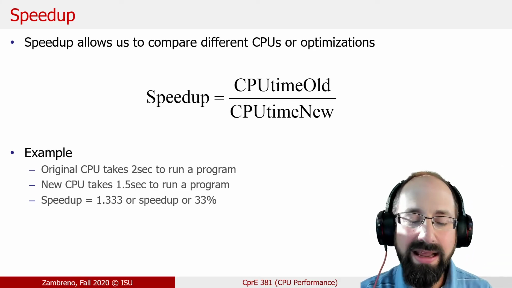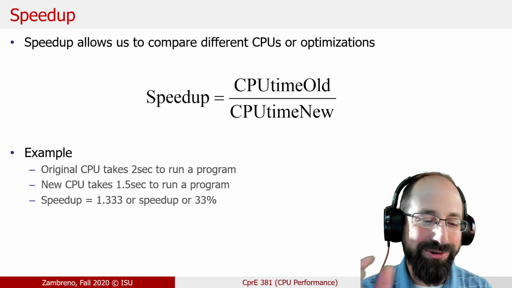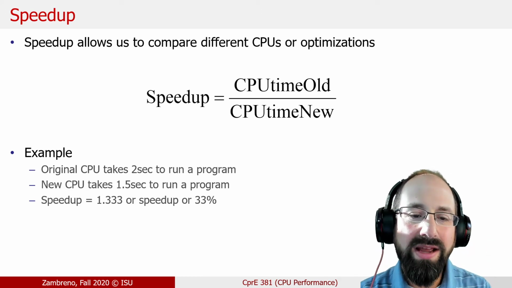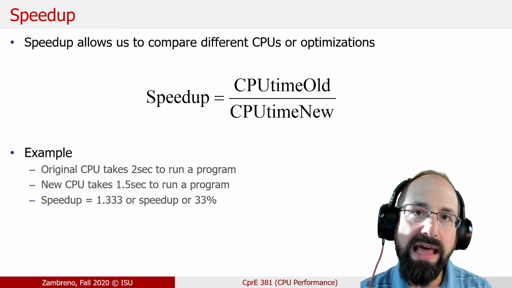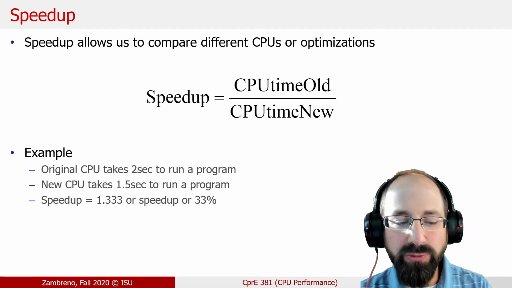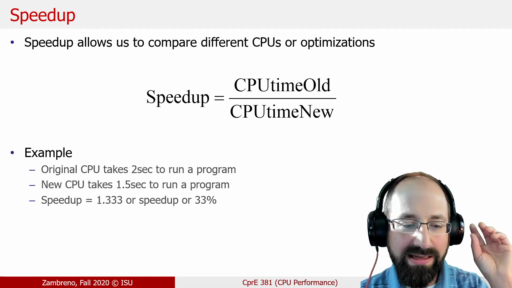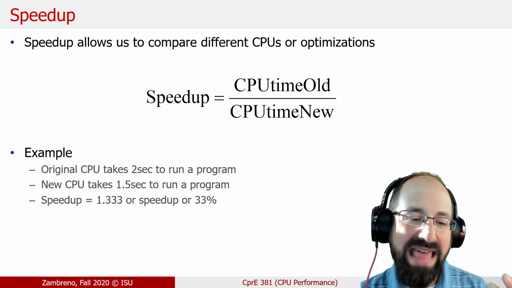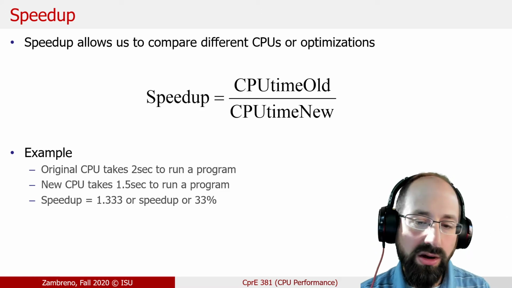Don't overthink that. Don't subtract the two. There's other ways you can take a ratio, but in terms of relative speed up, this is generally what we're interested in: what is design decision A's runtime divided by what is design decision B's runtime? And that would give you the relative speed up of B over A.